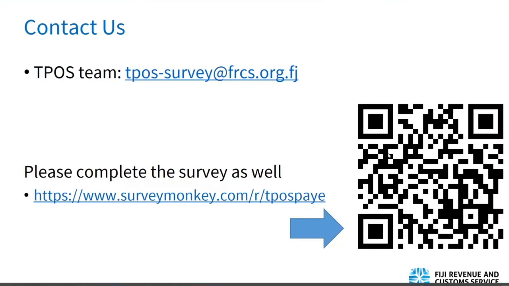We have said that there is a validation between date of birth and the TIN. So once we go live, if the date of birth does not match with the TIN that we have in our system, the consequence will be that you as an employer will not be able to proceed with the lodgement. The system will show an error message that the TIN is incorrect or the date of birth is incorrect.